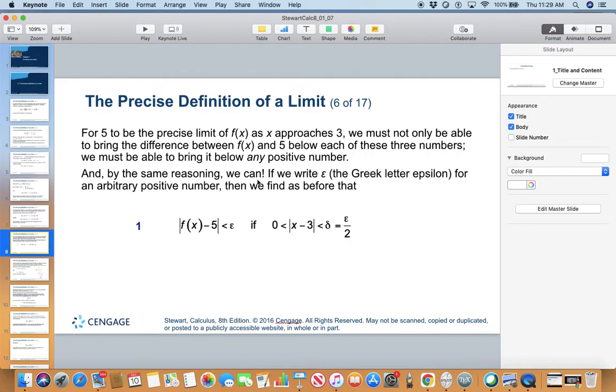All right. And by the same reasoning, we can write epsilon. This symbol stands for epsilon, the Greek letter epsilon. So, we can write epsilon for an arbitrary positive number. Then, the absolute value of f(x) minus 5 is less than epsilon if 0 is less than the absolute value of x minus 3, less than delta, and that delta is epsilon divided by 2.